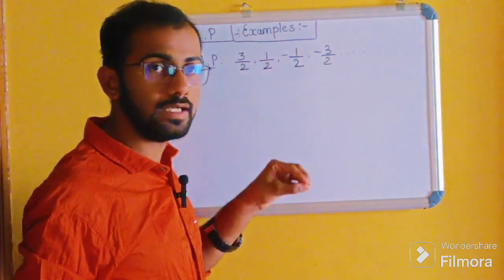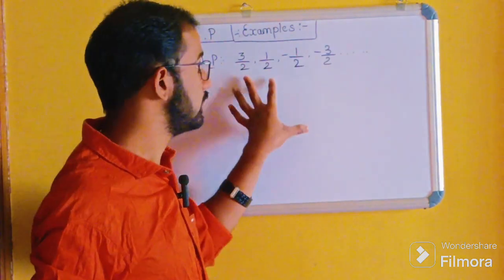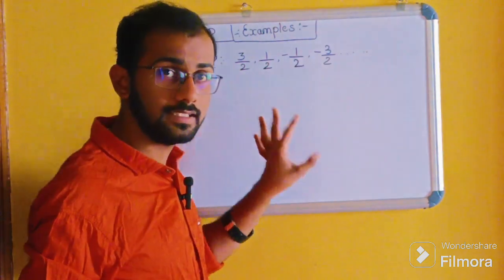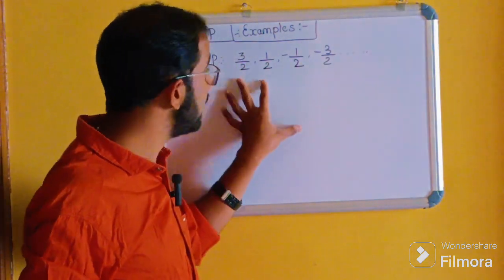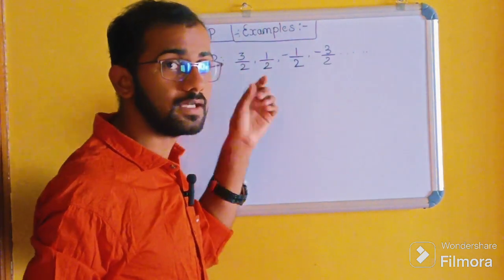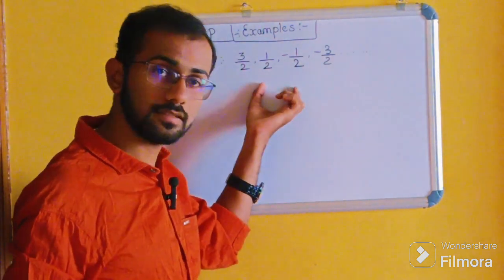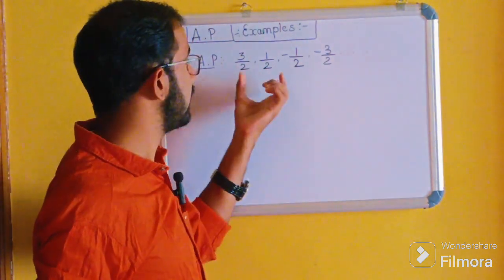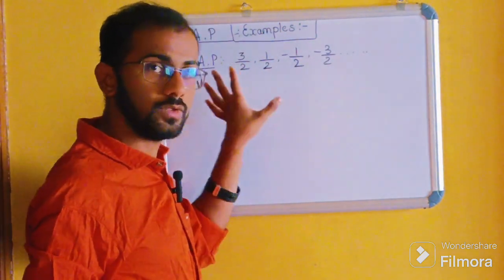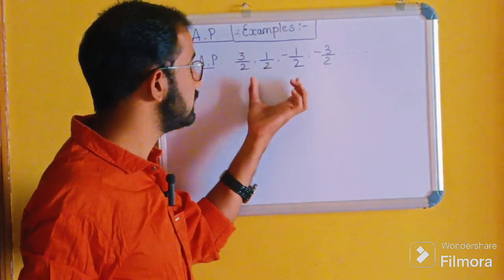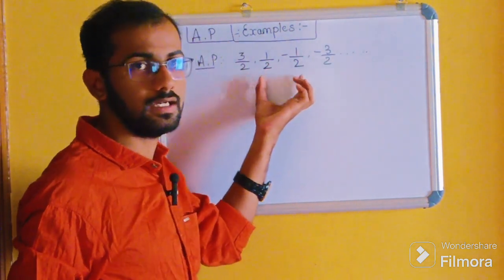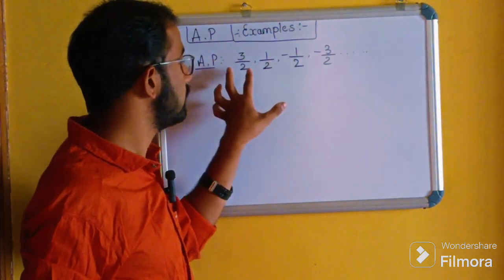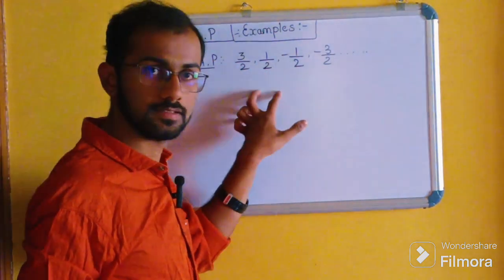Here we need not find whether this list of numbers is an arithmetic progression, since in the question they have mentioned it is an AP, so it is 100% an arithmetic progression. Our task is only writing the first term and common difference.